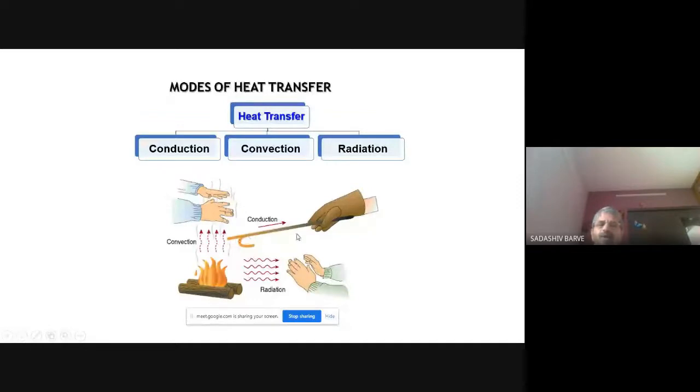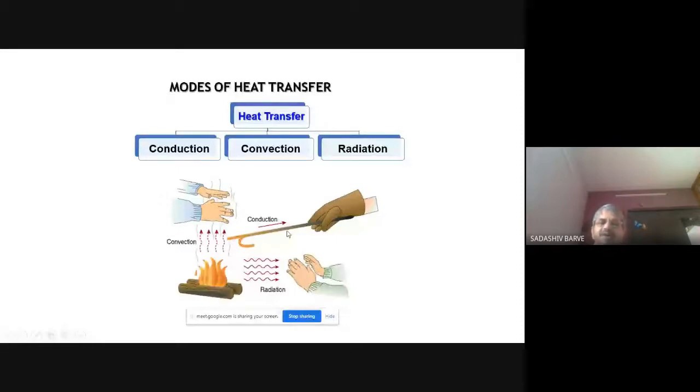But if this rod is low conducting, like wood or any similar object, then heat will not get transferred. It will start accumulating at a certain level, and if the temperature crosses a limit, that particular portion may burn. So this is the way of conduction.